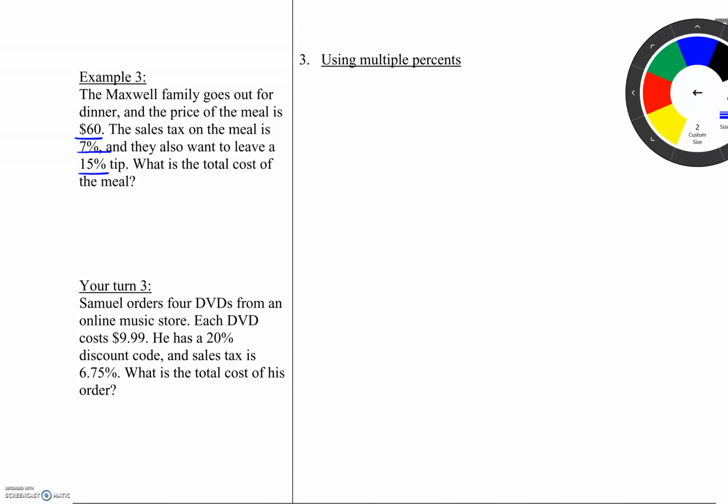So think about an expression we could write to find the amount after sales tax.